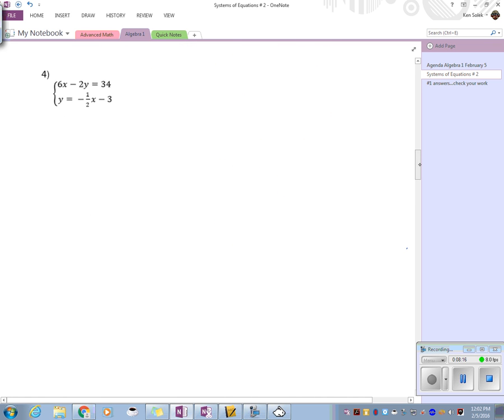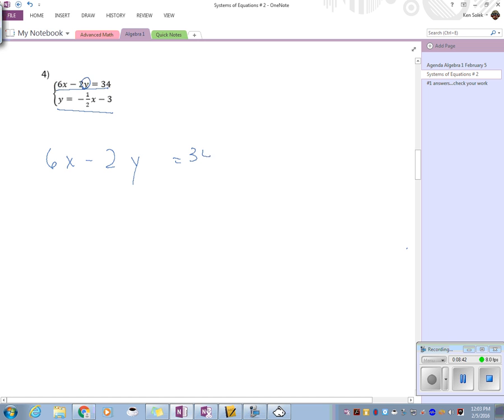Number 4. Now, you see on number 4 that you have this equation and this equation. I'm going to propose to you that the fastest and easiest way to do this problem is to just replace y in that piece. So 6x minus 2y equals 34.